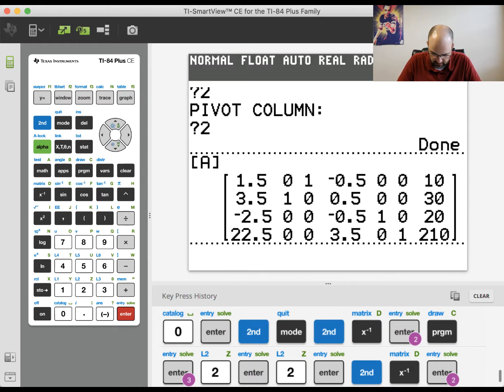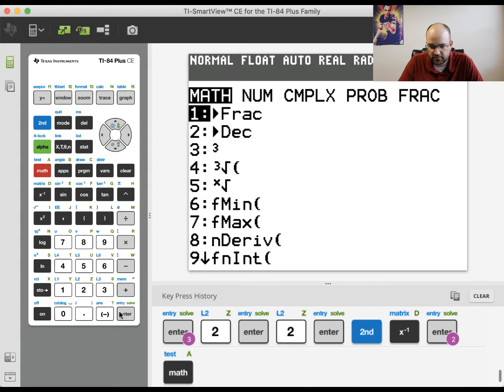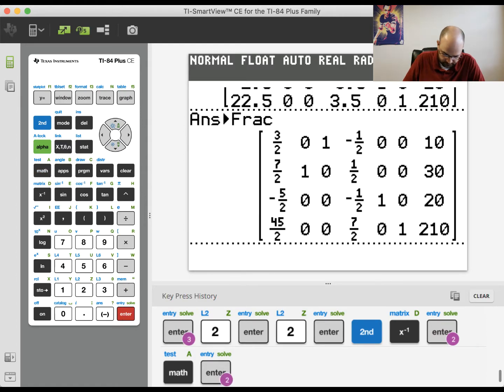So let me go ahead and write this matrix down. Let me convert this to a fraction. There we go. So we have 3 halves. I'm going to go vertical. 7 halves, -5 halves, 45 halves, 0, 1, 0, 0, which is the reason that all this happened.